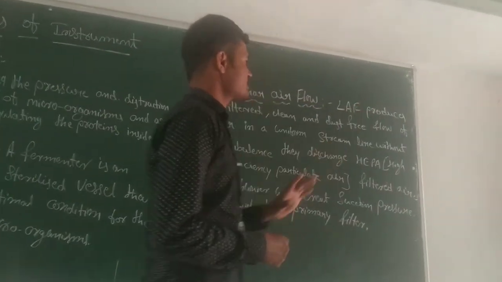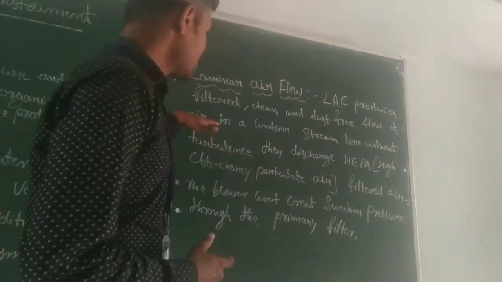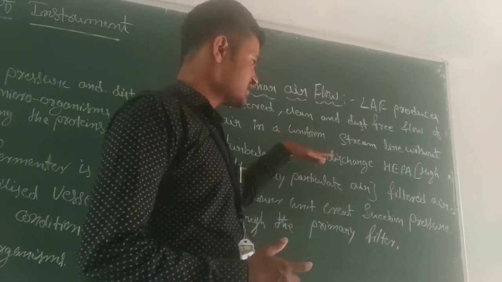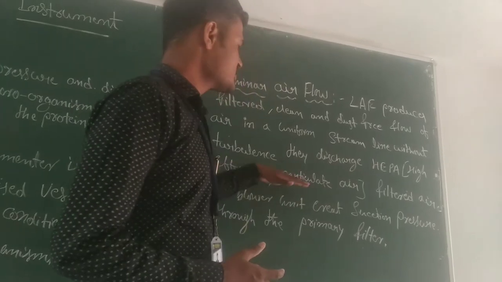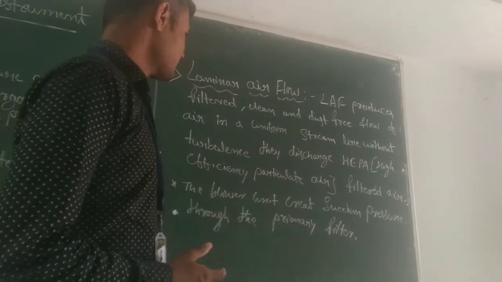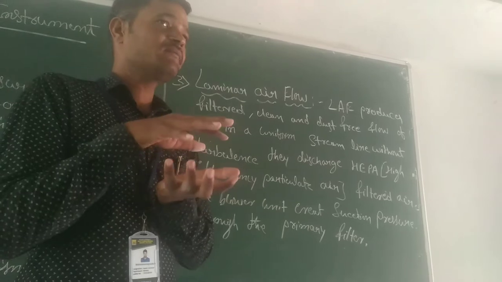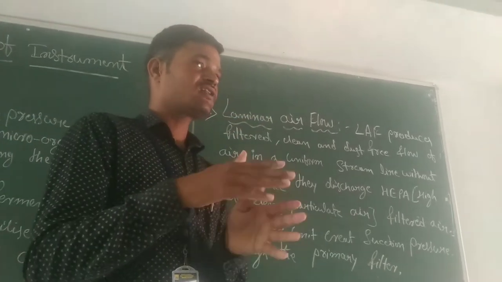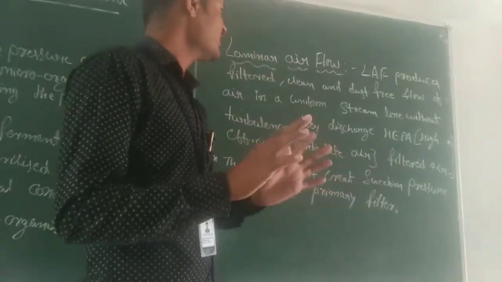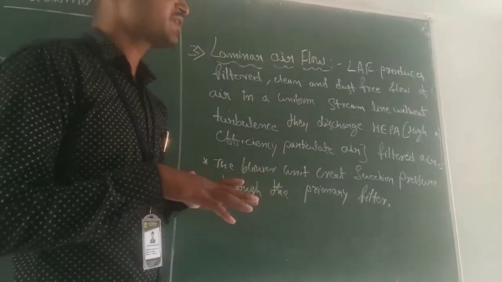Laminar airflow produces a filtered, clean, and dust-free flow of air in a uniform streamline without turbulence. It discharges high efficiency particulate air filtered air. It contains a UV light and uniformly produces air in a clean and dust-free chamber.